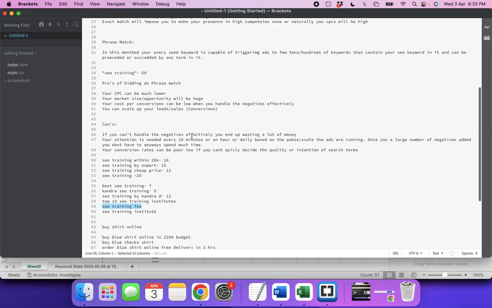Your conversion rates can be poor too if you can't quickly decide the quality or intention of search terms and take the call. See, your seed keyword is not only triggering for negatives like this. You can't tell whether it is really going to give conversions or not.